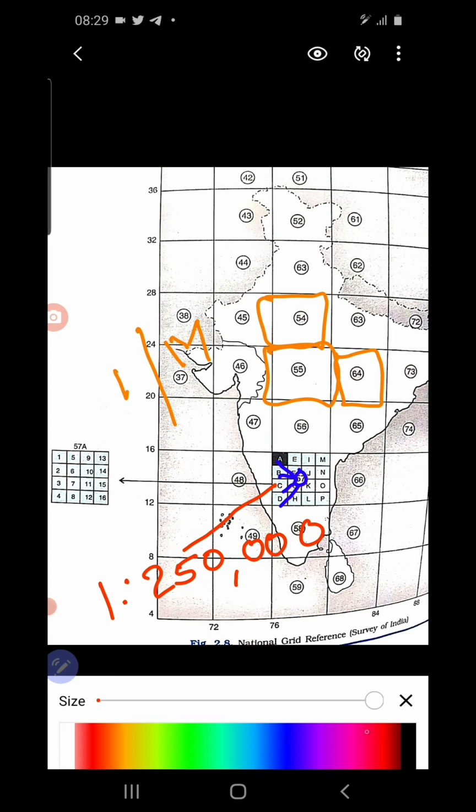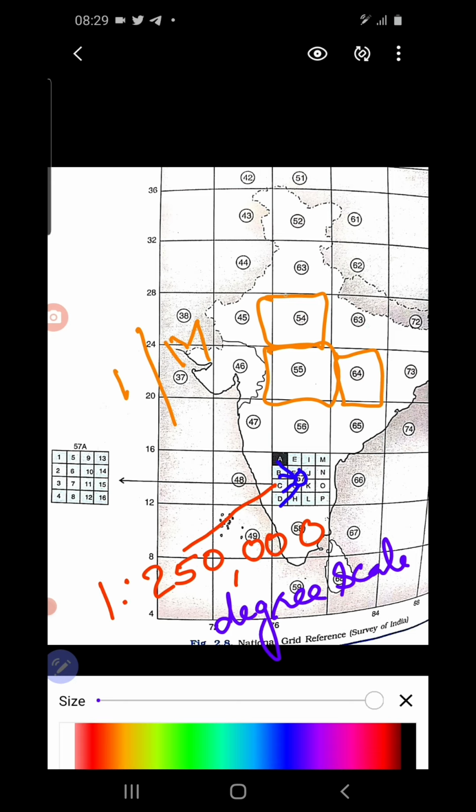This can also be called a degree scale. Why is it a degree scale? Here the longitude is 1 degree and the latitude is also 1 degree. That means the vertical line is 1 degree and the horizontal line is also 1 degree.